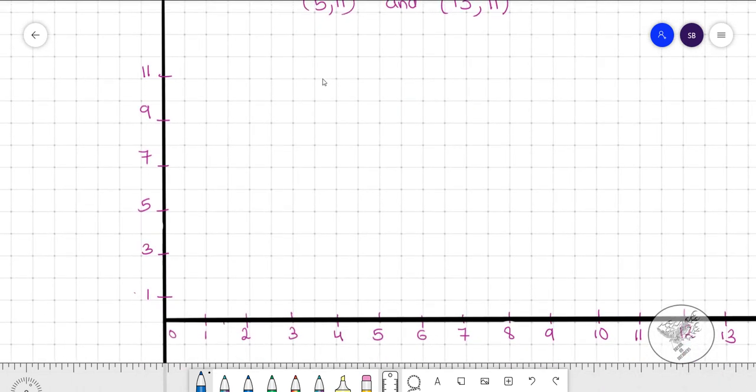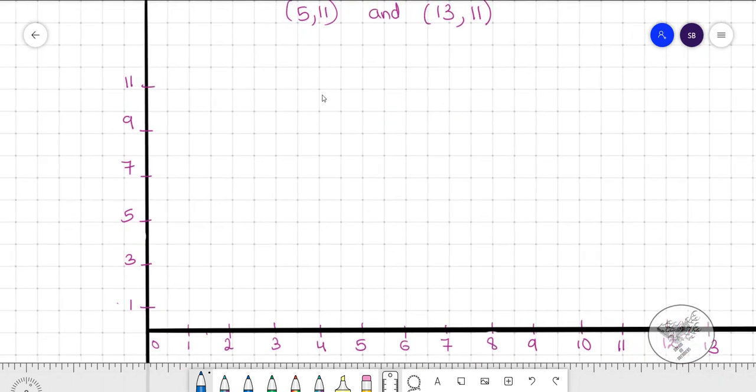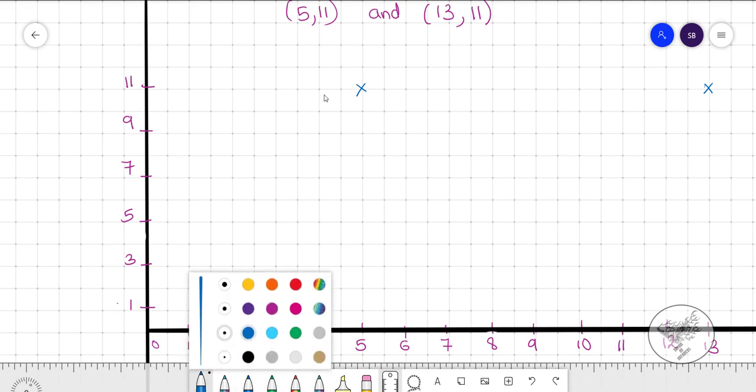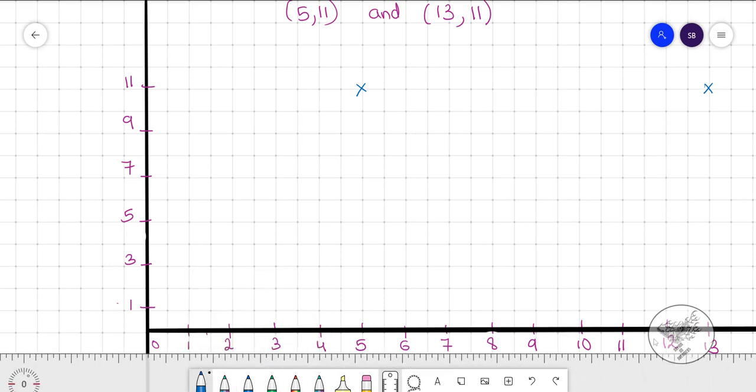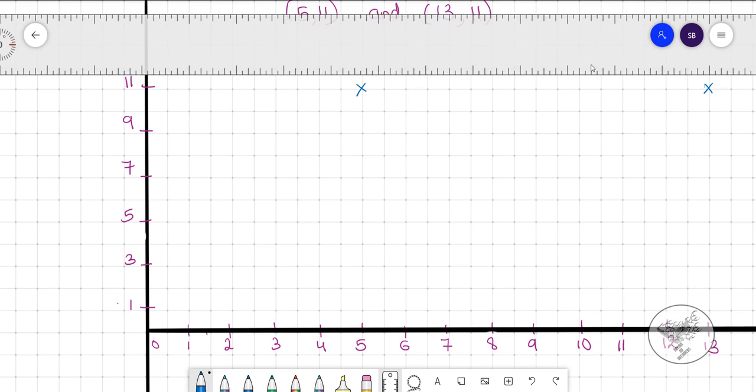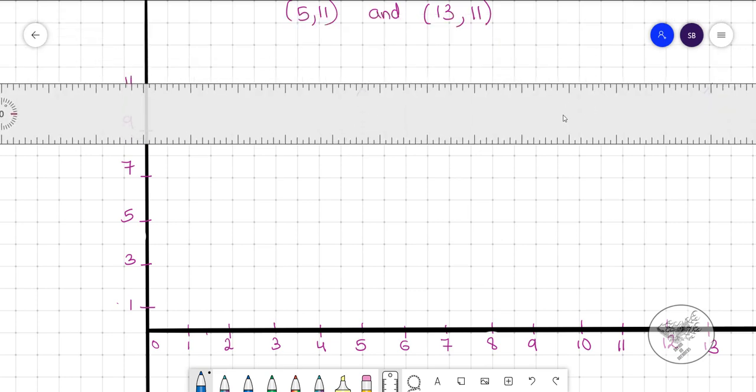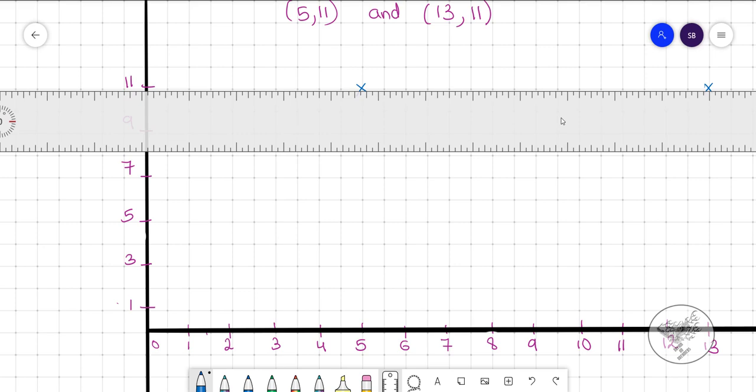Finally, let's go for the last question, which is 5, 11 and 13, 11. 5, 11 is here and 13, 11 is somewhere here. Now I can connect these two with a straight line again, and this time it is a horizontal line.